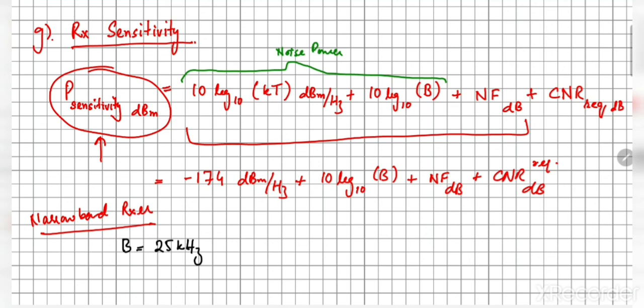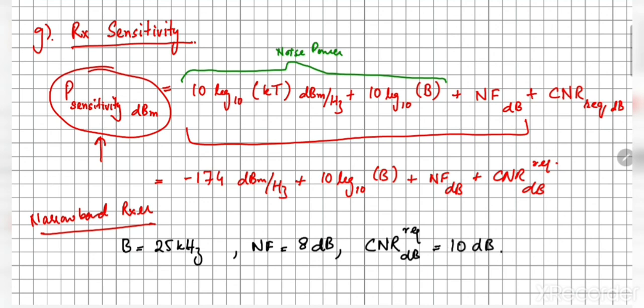This is typically referred to as a narrowband system. 25 kilohertz is a standard bandwidth of narrowband transmissions. System noise figure of, let's say, 8 dBs and a CNR required of, let's say, 10 dB.